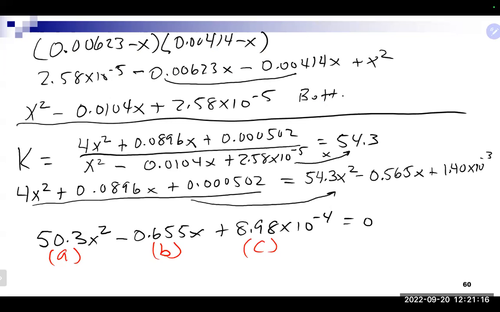So just to make sure, that would have come from bringing 0.565, and then we're going to subtract 0.0896. Is that right? Let me double check that I didn't miscopy something here.